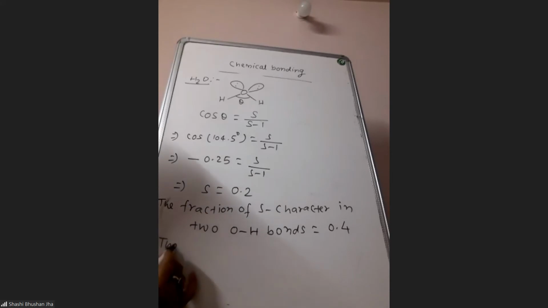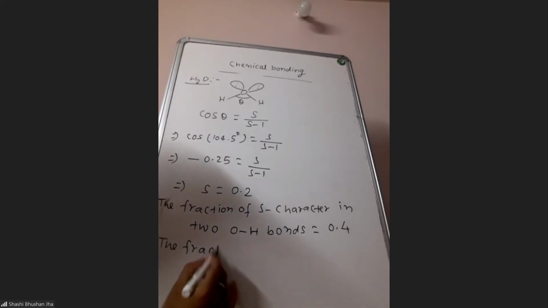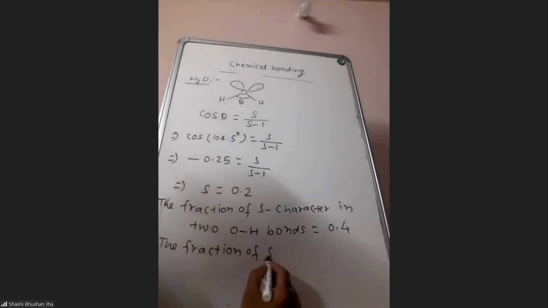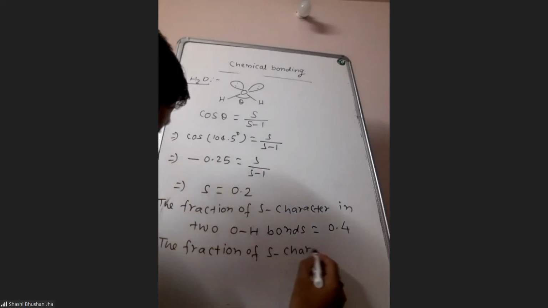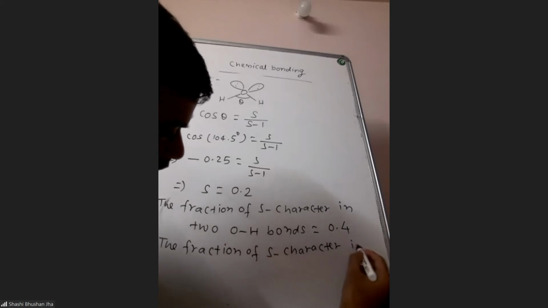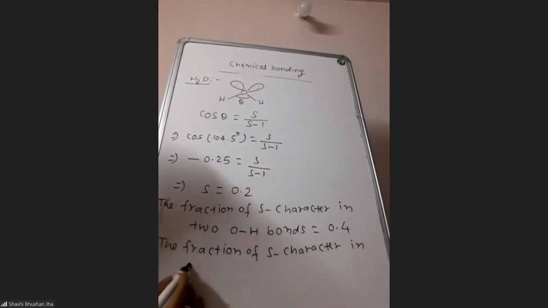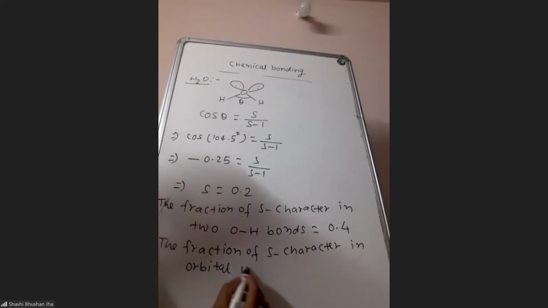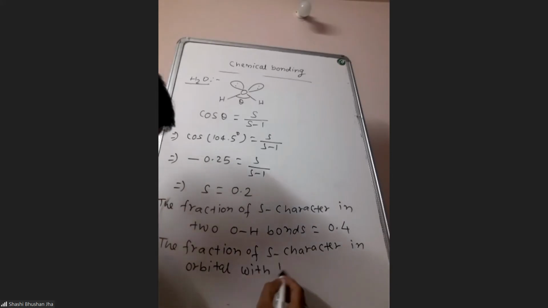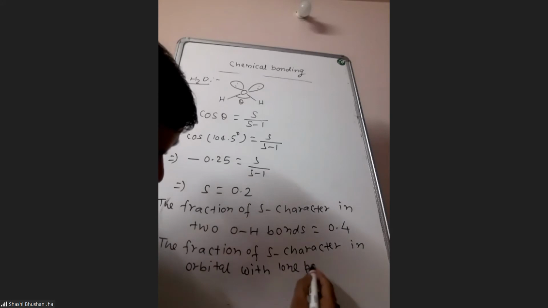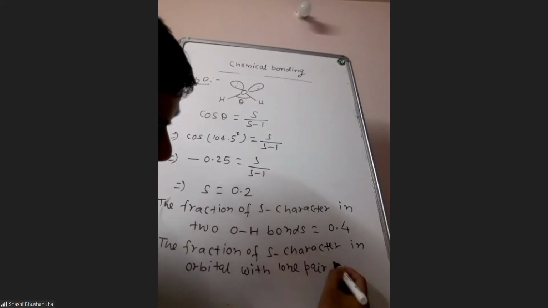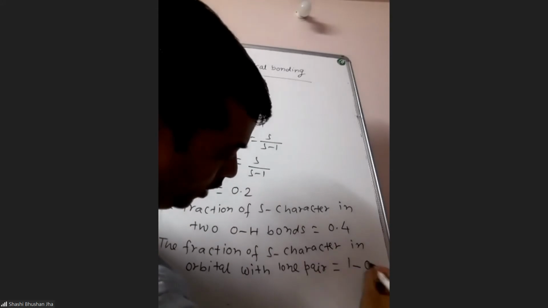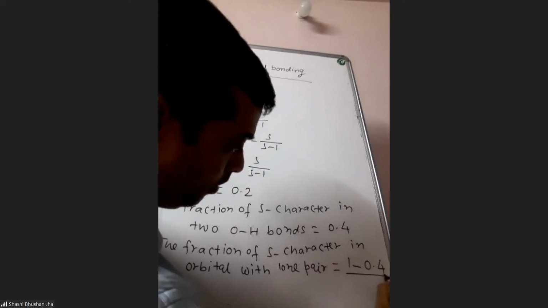So the fraction of S character in orbital with lone pair will be 1 minus 0.4 divided by 2.